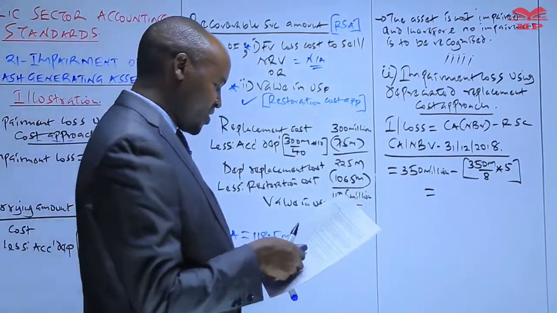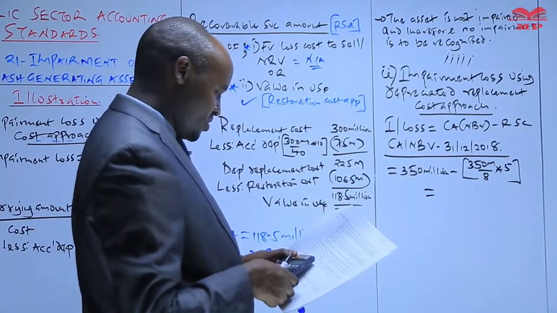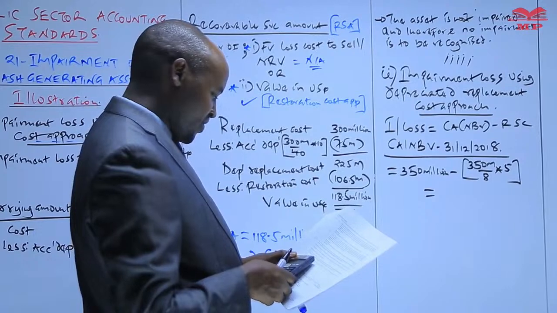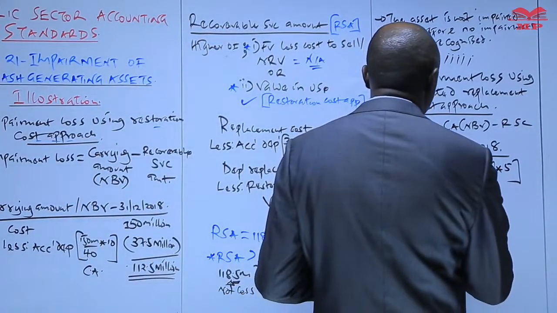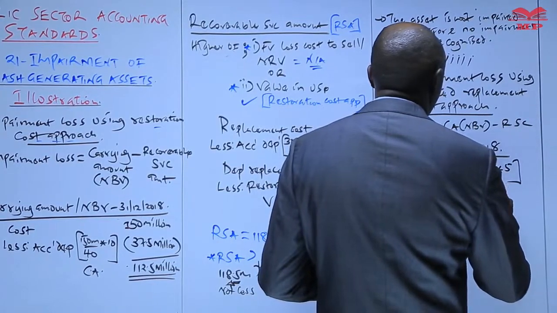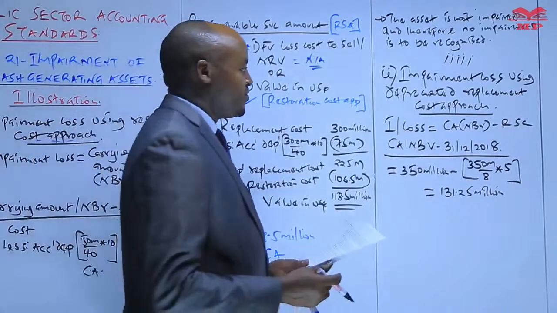So we have 350 divided by 8 times 5. We subtract that from the cost of 350, and that will give us 131.25 million. That is the carrying amount or the net book value at the end of 2018.